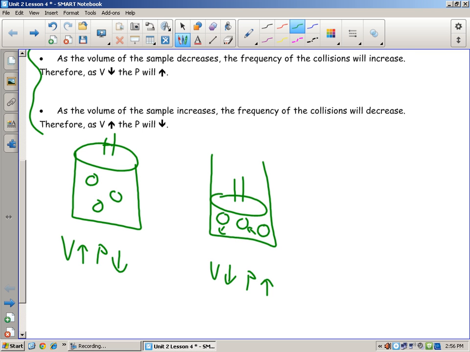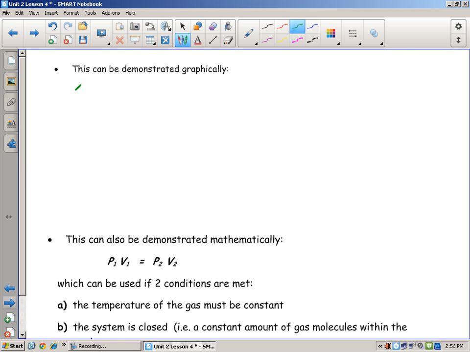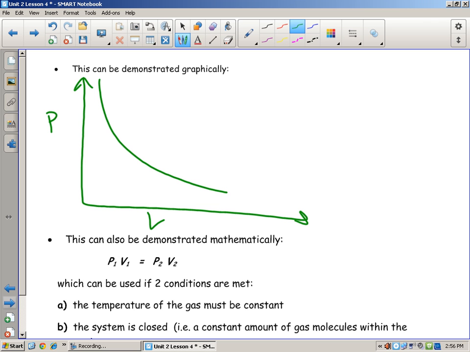Secondly, you're going to have to know the graph that goes with Boyle's law. So it looks something like this here. Okay? This graph can be demonstrated like so. So, pressure and volume, right? If you pick high pressure, the volume's going to be kind of low, right?